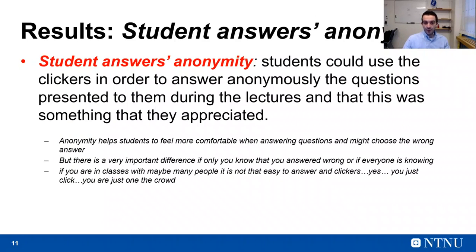They can freely choose the option without being afraid of their name showing next to a wrong answer. Students really like this because they felt more comfortable when answering questions, and also because their fellow students couldn't really realize who has voted correctly or wrongly.